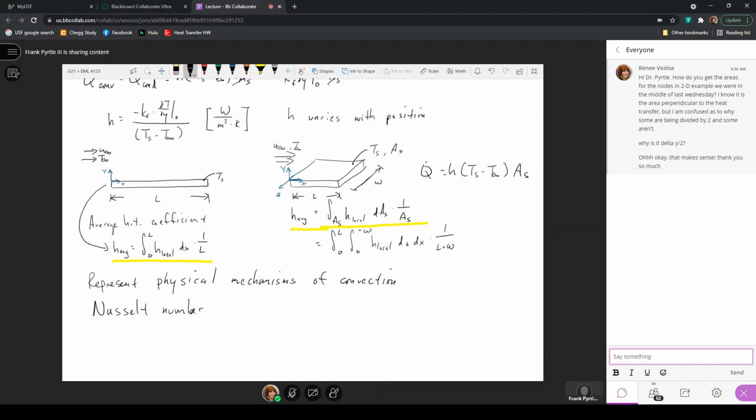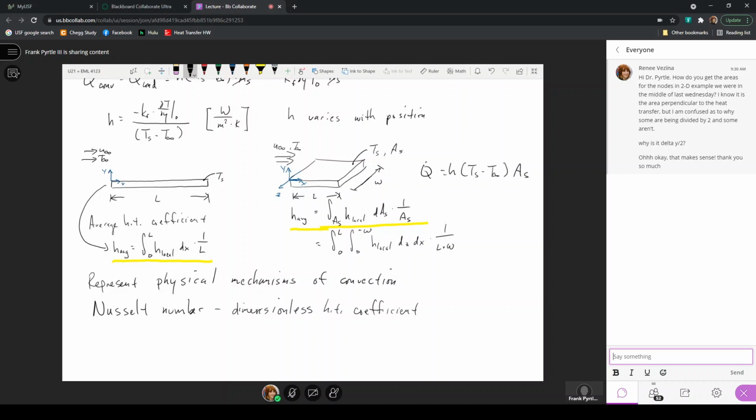Now, this is a very important number for heat transfer, in that most of the correlations that are presented for the determination of a heat transfer coefficient are going to be presented as expressions of Nusselt numbers. And the Nusselt number is what we call a dimensionless convection heat transfer coefficient. Here, h.t. is just short for heat transfer coefficient. A dimensionless heat transfer coefficient.